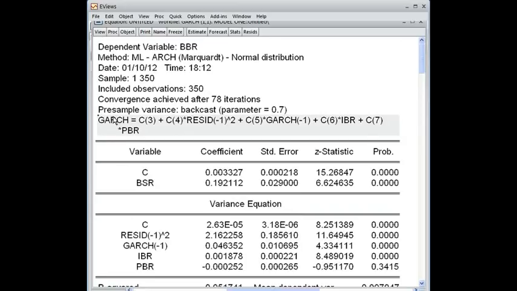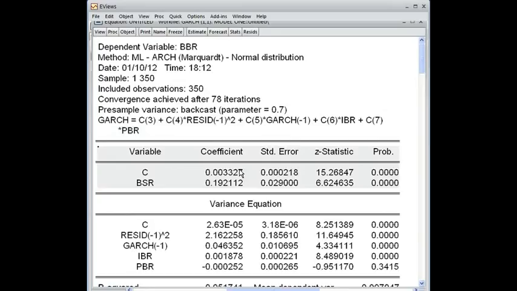Okay, actually what we have done: first we estimate the mean equation, which is this one, right? From this mean equation we have taken the residual, and from this residual we have estimated the variance of that residual.